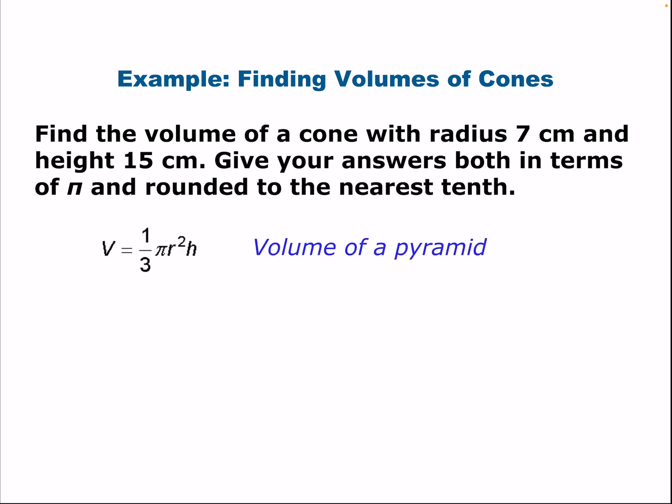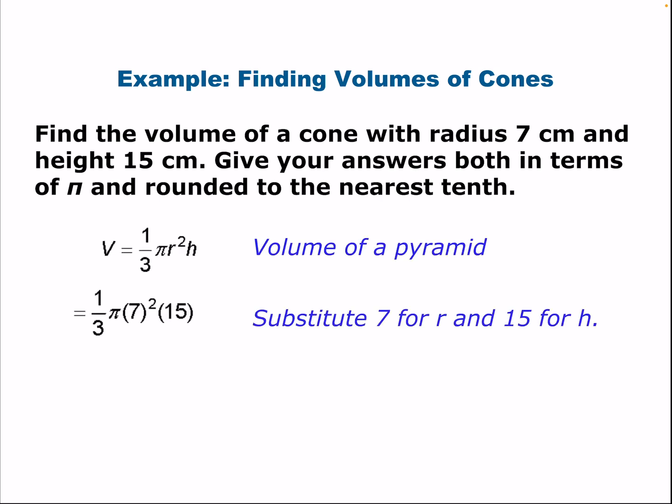Plug it in. 7 squared is 49 times 15 times 1/3. Well, 1/3 of 15 is 5. 5 times 49 gives me 245 pi. Okay, so my answer is 245 pi centimeters cubed. Don't worry about converting it.